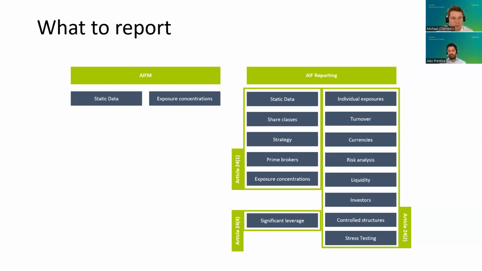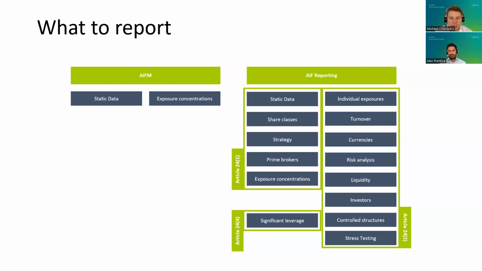And then we report some exposure concentrations. Those are data points that are aggregated across common characteristics. What we look at here is an aggregation of all of the underlying AIF reports that are being submitted to each jurisdiction. So it's nothing new compared to the AIF reporting, it's just an aggregation across all of the funds. That's why it looks relatively straightforward, because it is once you've done the AIF reporting.